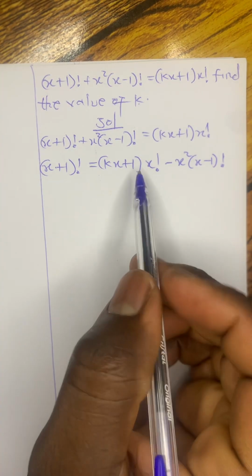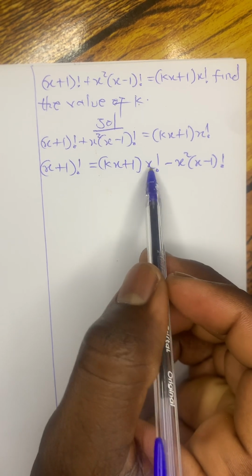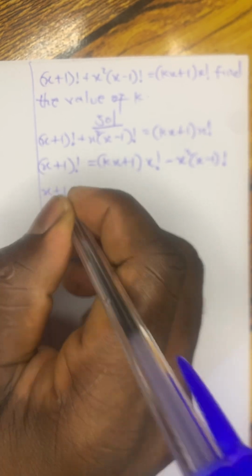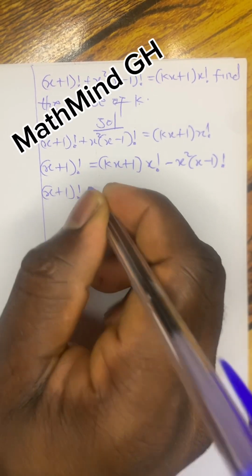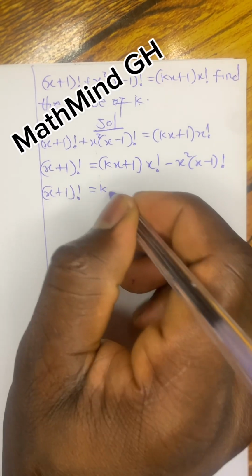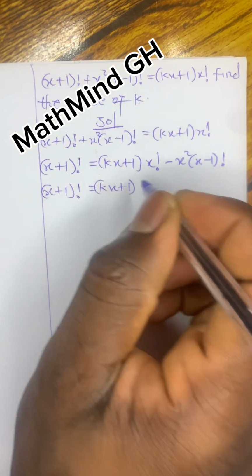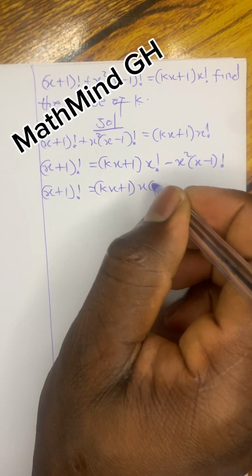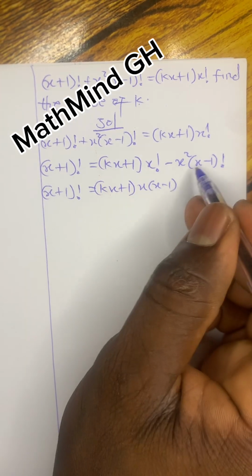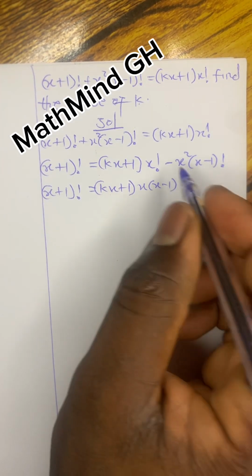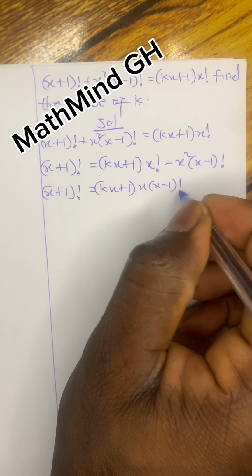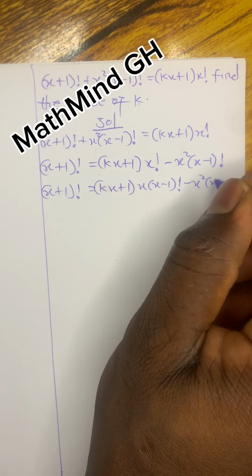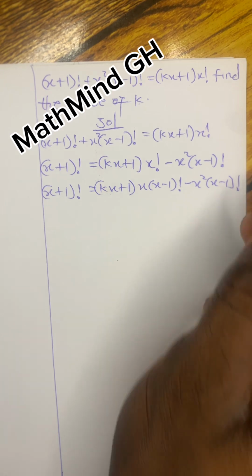And with this, I can work on this particular term here, x!, and that will give me (x+1)! equal to (kx+1) into x(x−1). Since there is (x−1)! here, I will end this one here to be (x−1)!, then minus x²(x−1)!.